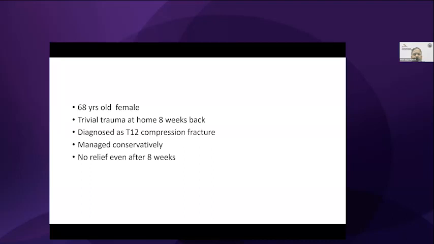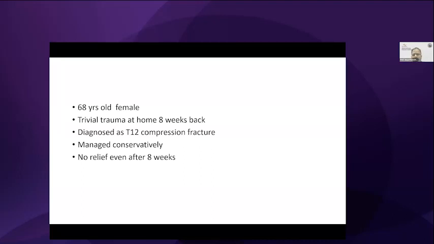In some scenarios they don't even allow her to get up and go to the toilet; they say everything should be on the bed. Some severely restrictive regimens are followed. But in this case, I think she was managed reasonably okay.